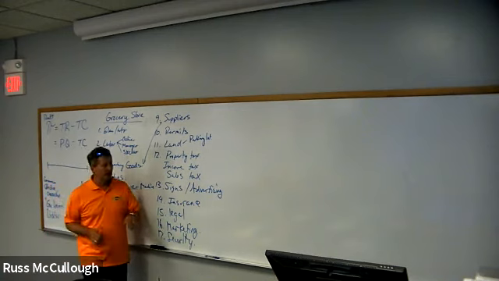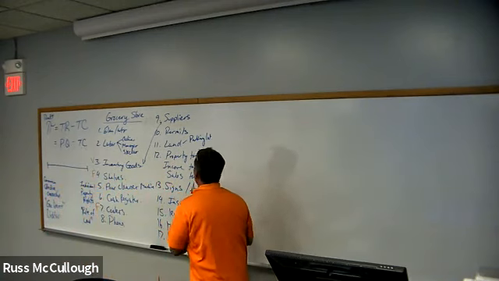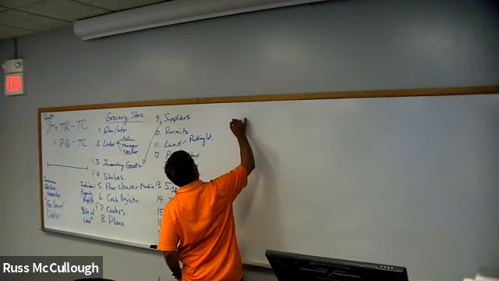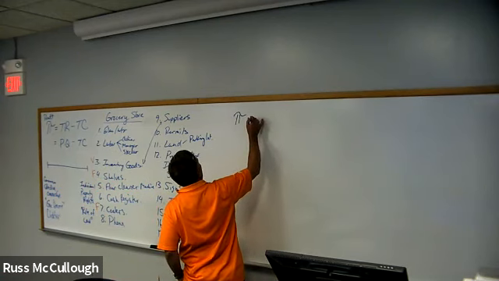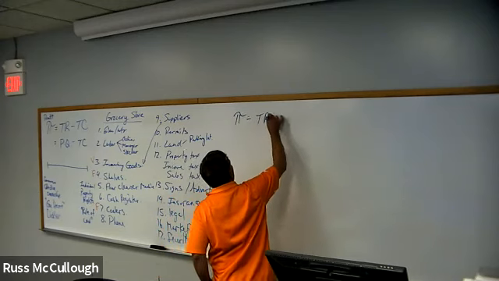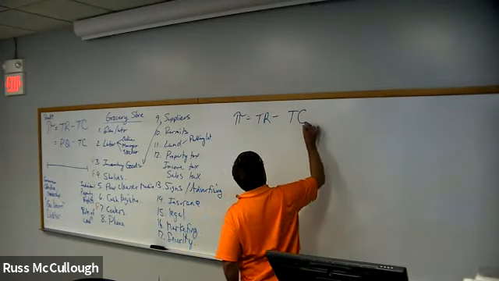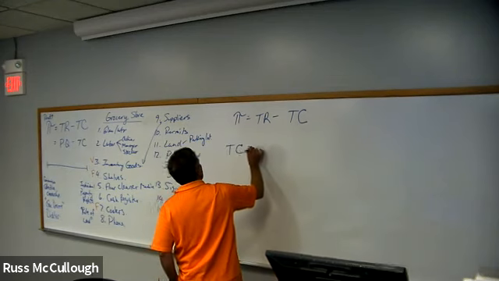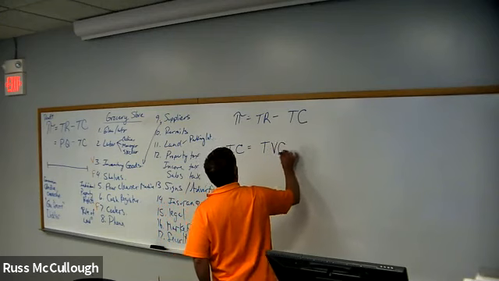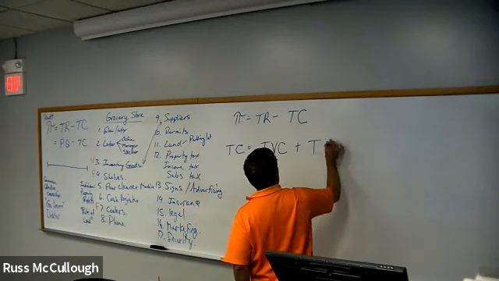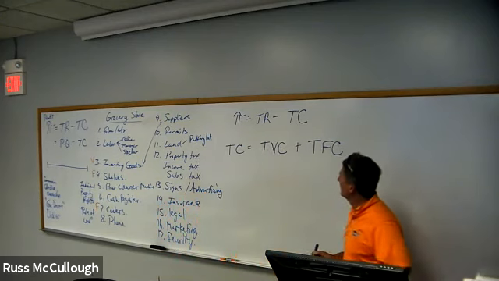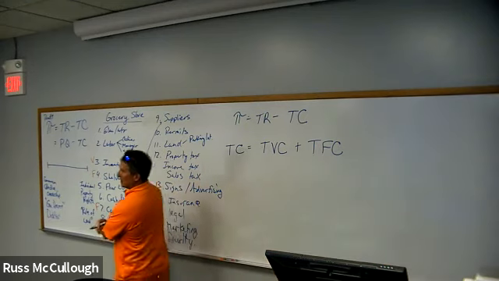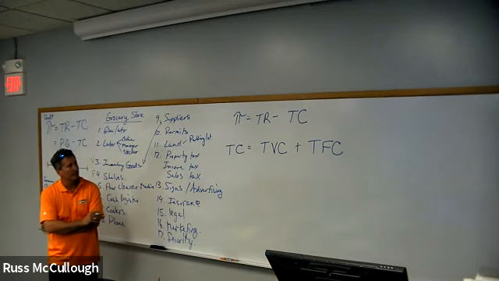So that's what we want to do, is break down all of our costs in the business. And this is really important for decision making. Our profits are total revenue minus total cost, but now we're going to break total cost into total variable cost plus total fixed cost.